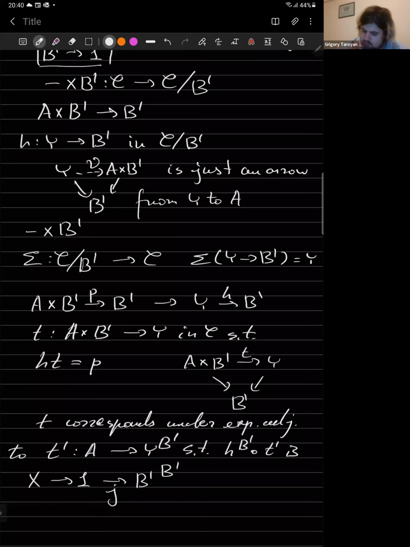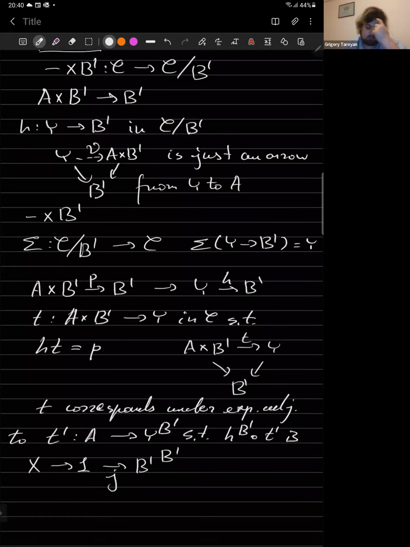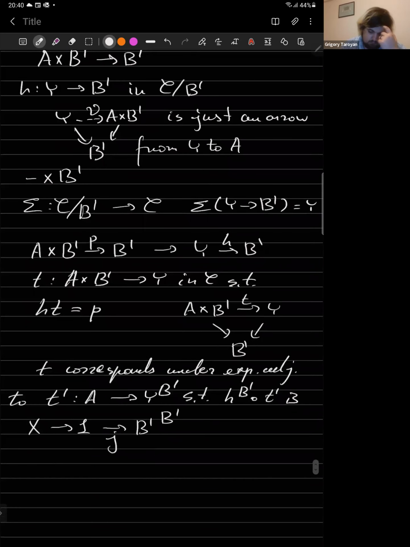So here J appears as a coevaluation from 1 to B prime to the power of B prime.